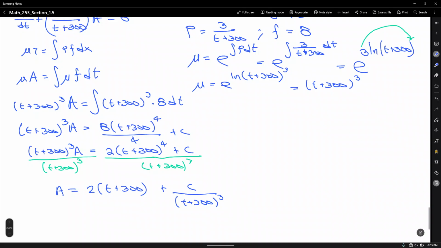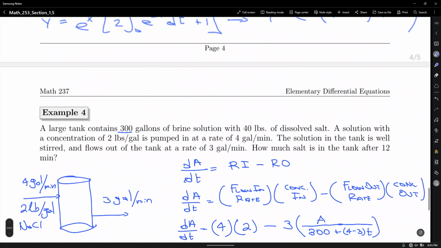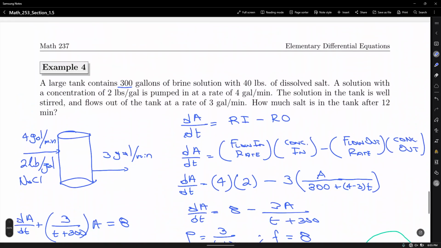However, we are not given something like y of 0 equals 5 in the problem, right? So this initial condition is actually in disguise. Let's go back to the top of the problem right here.